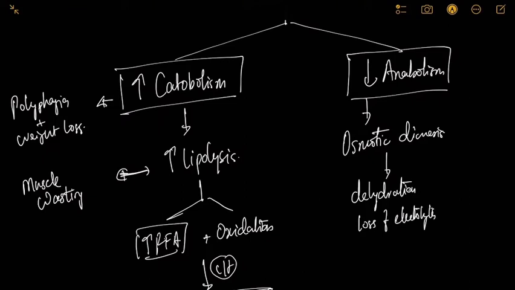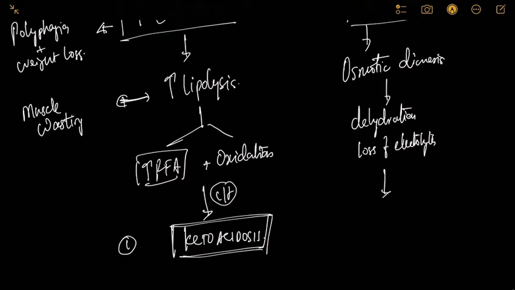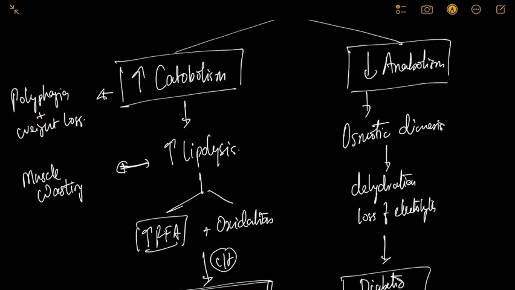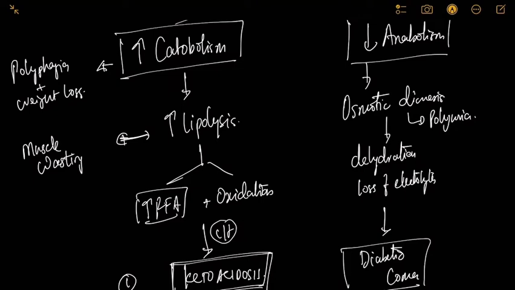All right, and this eventually leads to your diabetic coma. Now here osmotic diuresis leads to your polyuria. All right, and dehydration and loss of electrolytes lead to two things, that is your hypotension and tachycardia.